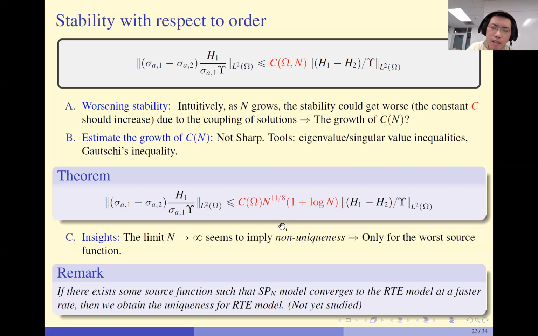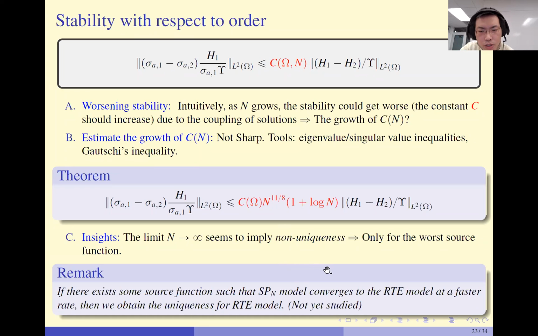But if you fix that laser source, this factor does not have to grow in this way. This only shows that the worst case could be this bad, but given a boundary source function, it's not necessarily this bad. It could be bounded, but we don't know that yet. I haven't really looked into this case.